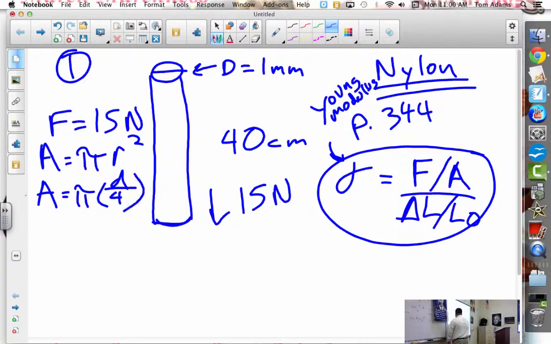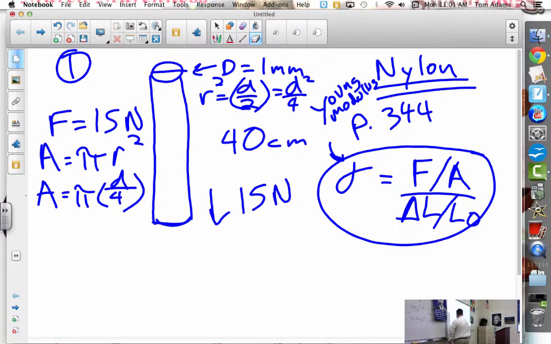And I'll explain that, right? Because the radius is equal to the diameter divided by 2. And so when I square this and square that, I get the diameter squared over 2 squared, which is 4. So you could write it like this: diameter squared over 4. That's one of the formulas we have in the textbook, but that's where it comes from.